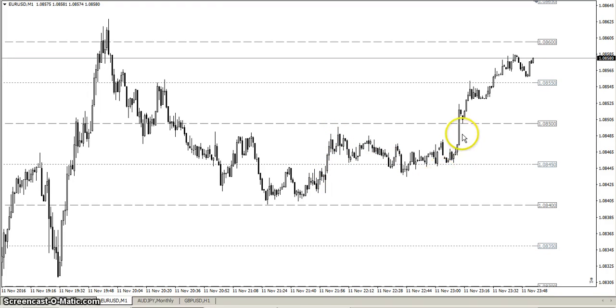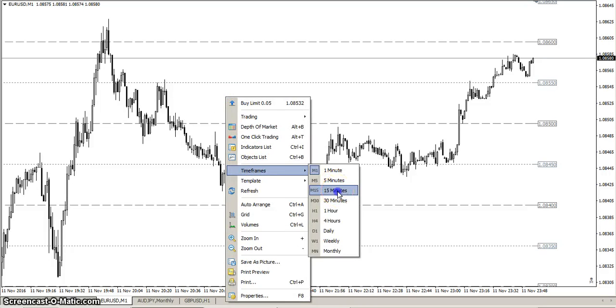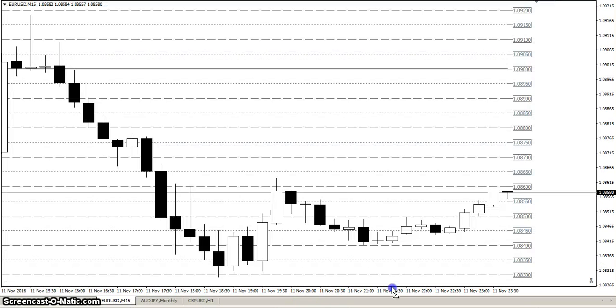You came here, price closed above this line right here, so maybe it closed below it, came back, and you see what happens there. So once again, it's relatively simple to see this, and once again, the time frames don't really matter.